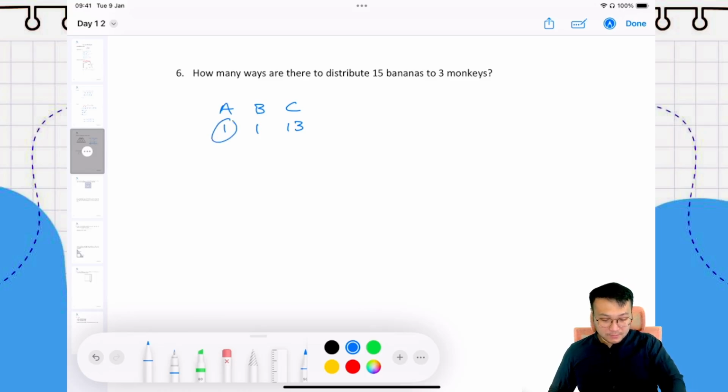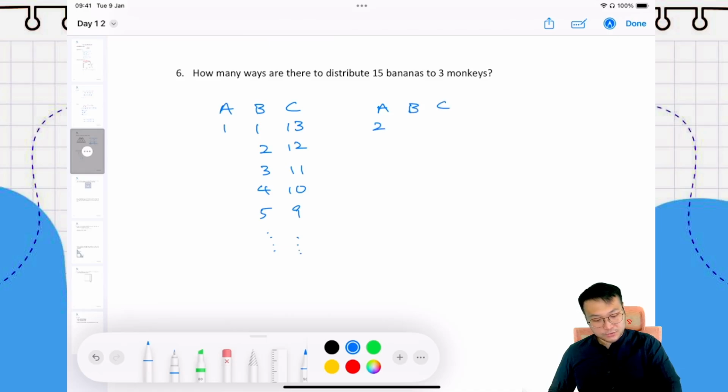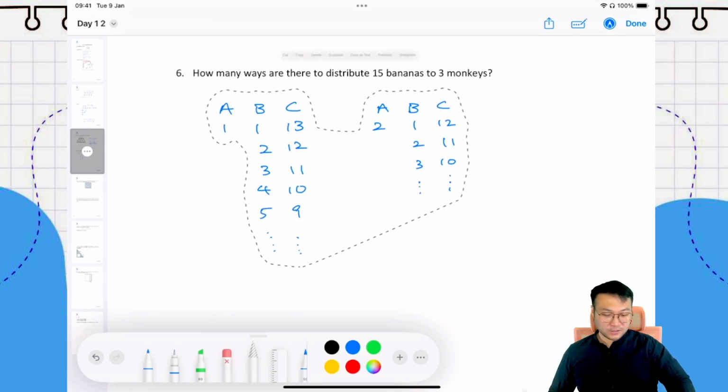Let's say you keep monkey A as 1, then the other 2 guys will get 2 and 12, 3 and 11, 4 and 10, 5 and 9, and so on. You're going to write down such a long list, and then after that you say monkey A has 2, then this guy has 1 and 12, 2 and 11, 3 and 10. Then you're going to make a long list, and maybe you're going to take forever. So I'm not going to use this method, obviously.